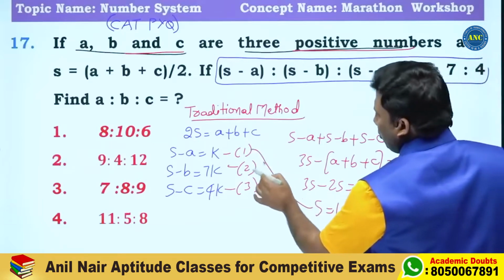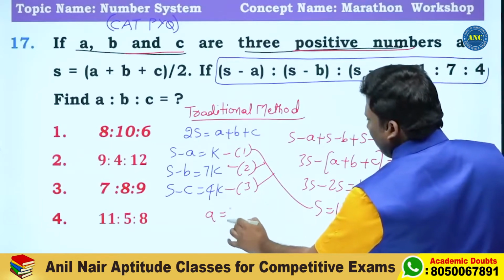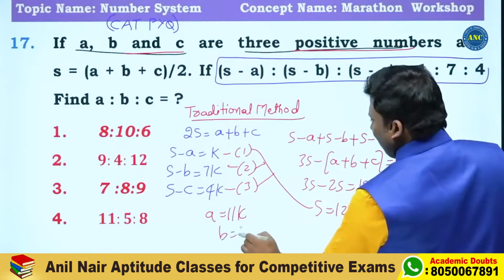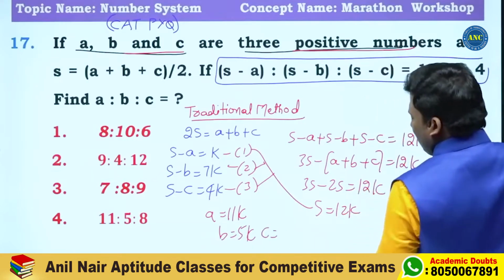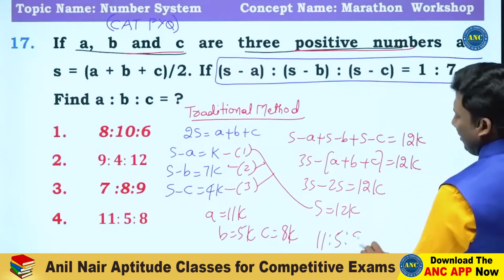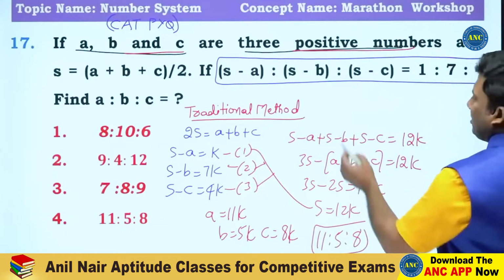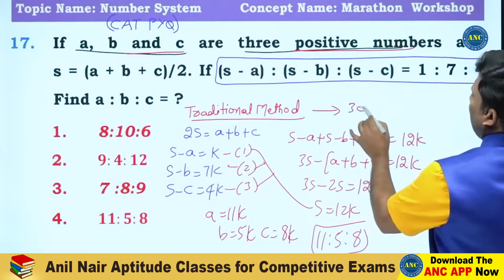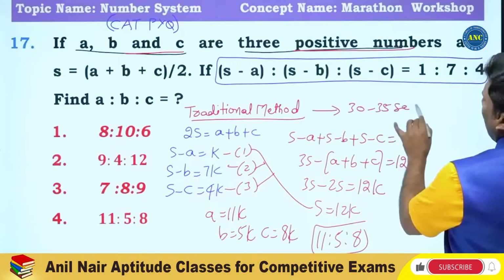If I substitute here, A becomes 11K, B becomes 5K, C becomes 8K. What will be the answer? 11:5:8. I got the answer, and you took some 30 to 35 seconds to solve this question.